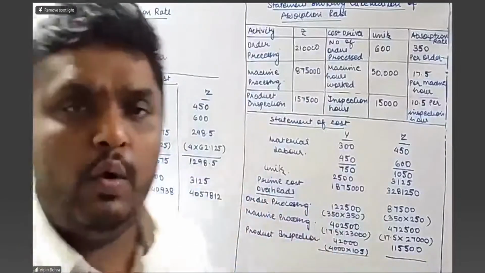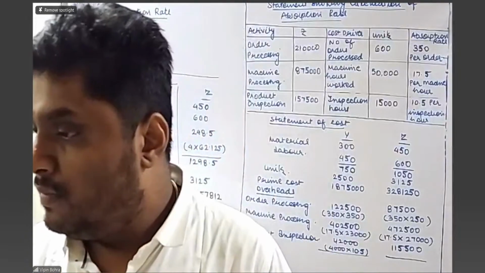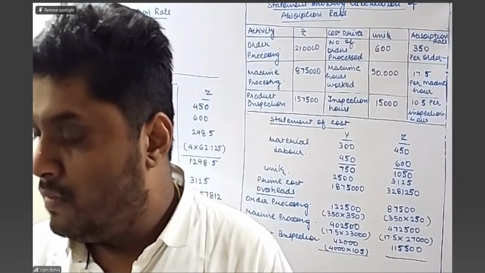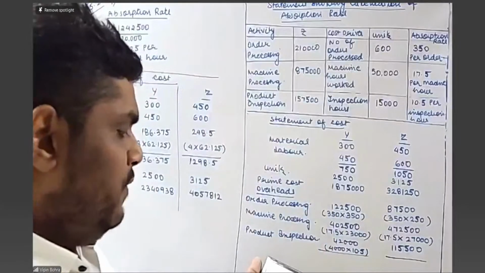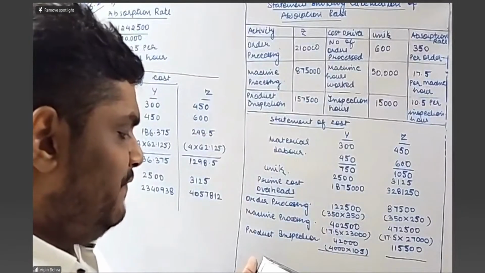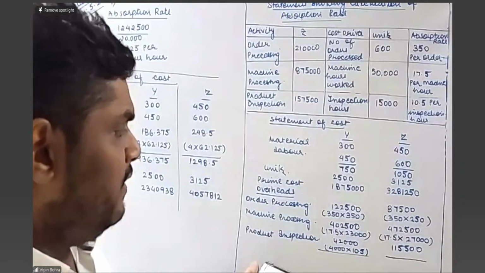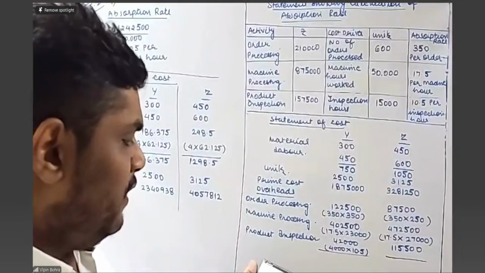So now let's calculate the total cost. Very good, Gunjan. Our prime cost is 18,75,000 plus 1,22,500 plus 4,02,500 plus 42,000.